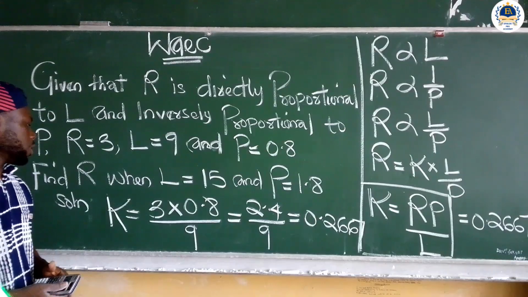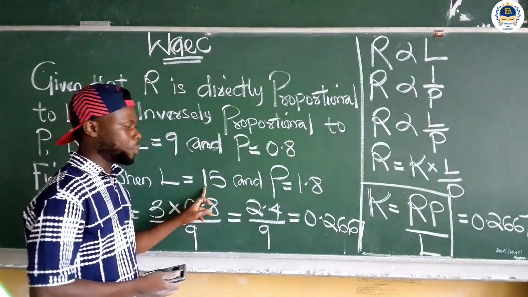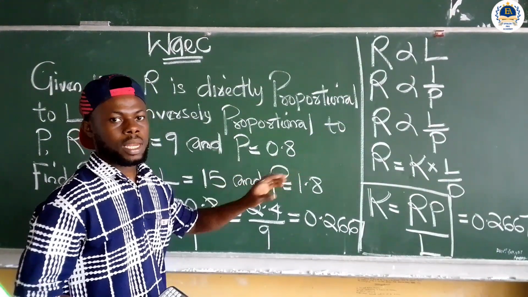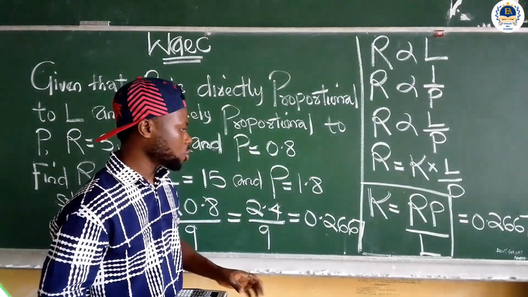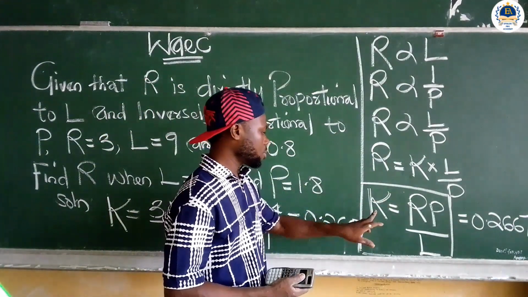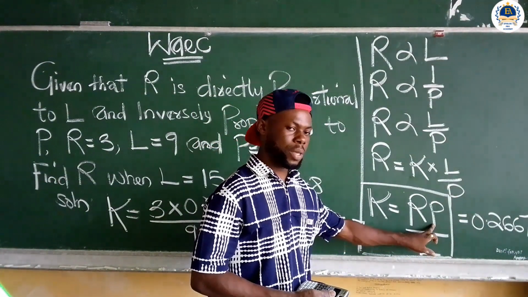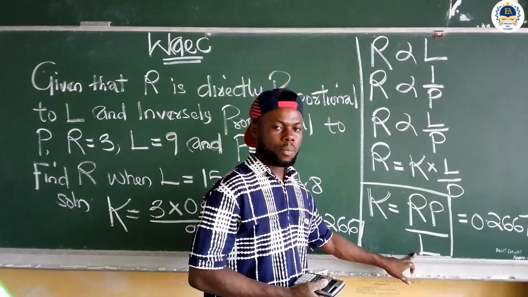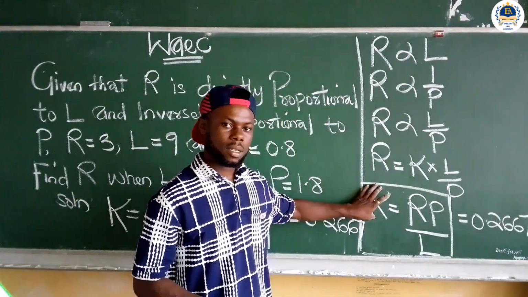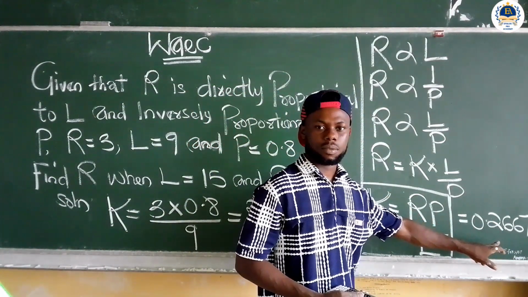Now the next question is, find R when L is 15 and P is 1.8. How do we achieve that? Everything is going to be established from the relationship given to us. The relationship is that we have k, we have R, and we also have P and L. But at this point, we have determined the value of k to be 0.2667.